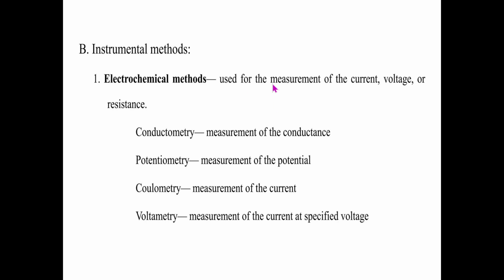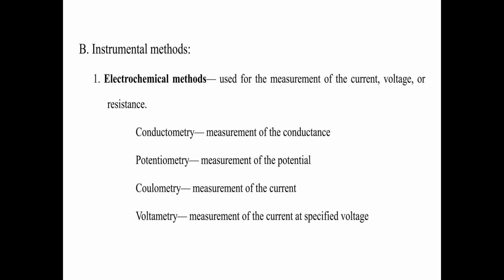Here, for the measurement of a particular compound, we can take the current, voltage, and resistance as basic parameters. These instrumental and electrochemical methods are further divided into conductometry, potentiometry, coulometry, and voltammetry.